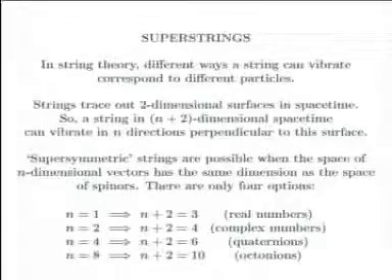And so those correspond to the reals, complexes, quaternions, and octonions. In other words, the directions perpendicular to the string surface could be thought of as reals, complexes, quaternions, and octonions in those 4 cases. Now the really amazing thing is that when you're studying classical mechanics, when you're not trying to get quantum mechanics into the game, all 4 of those superstring theories are mathematically consistent.